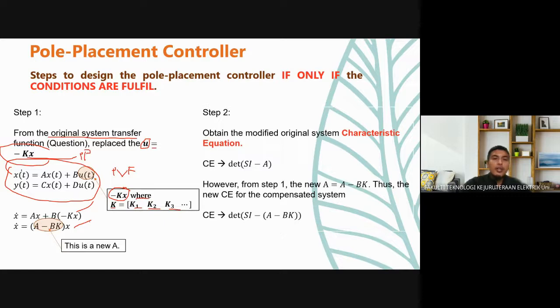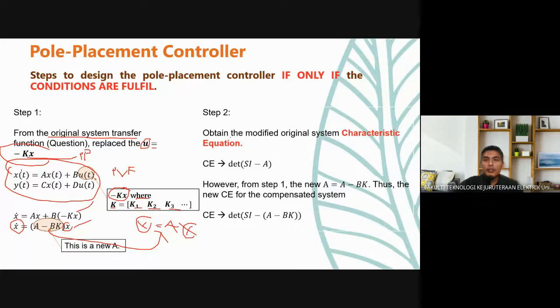And this is a new A. Because we know that x dot equals Ax, we compare this one, x dot, x, and this is your new A. So your new A for the system with pole placement is A minus BK.